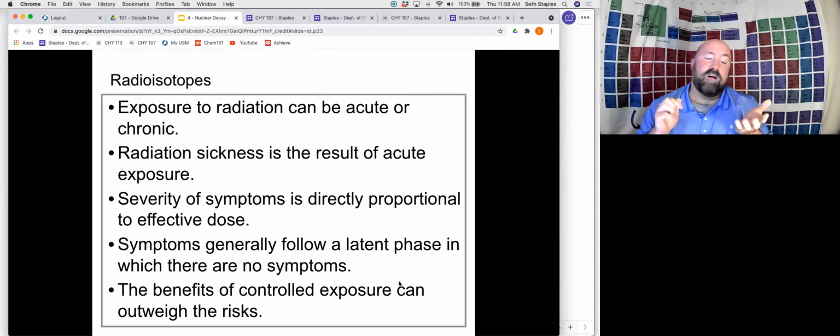Think of, for instance, X-rays when you're getting your teeth X-rayed. Think of cancer treatments. Radiation is quite often involved with cancer treatments, because the benefit of that controlled exposure, killing off and destroying the cancer cells, outweighs the risk of damage to other parts of your body.